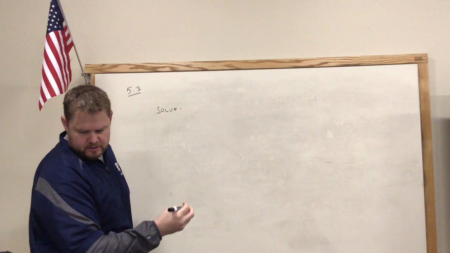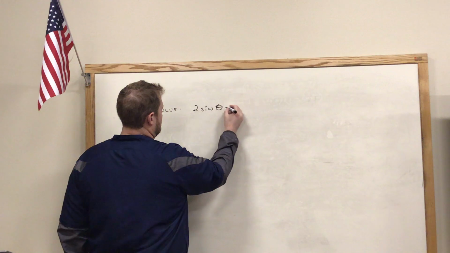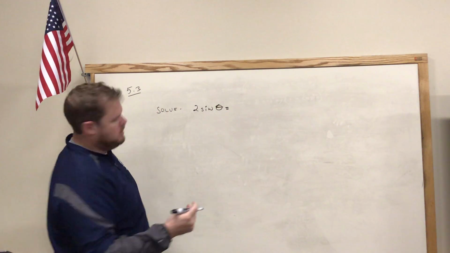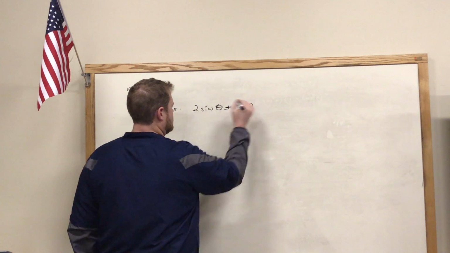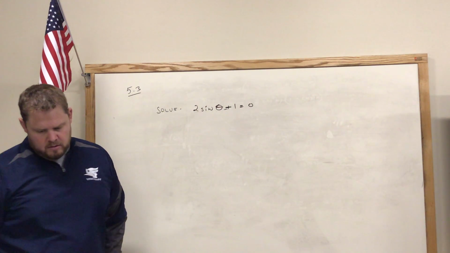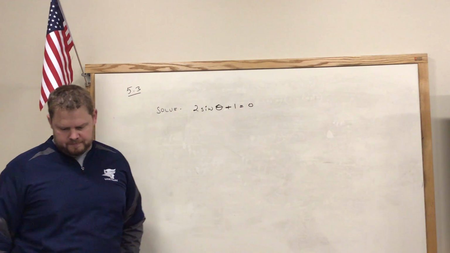and the problem is 2 sine theta plus 1 equals 0. We're trying to solve for theta, so how do we solve for theta?